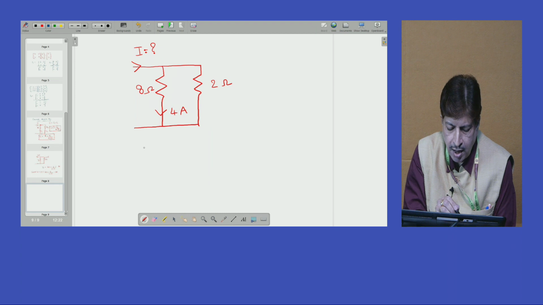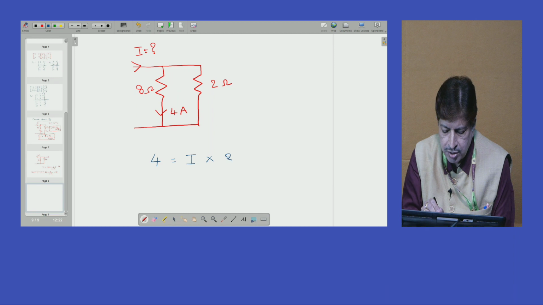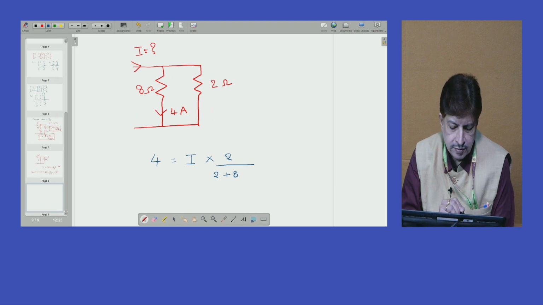Current in 8 ohms is equal to total current into the opposite resistance or parallel resistance, by 2 plus 8. Accordingly, what is I?